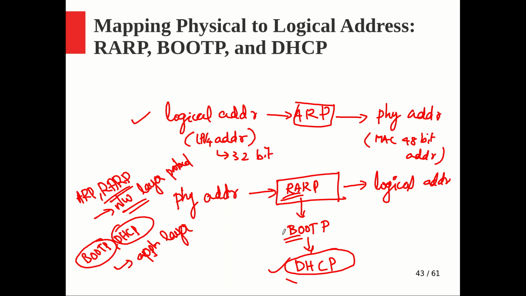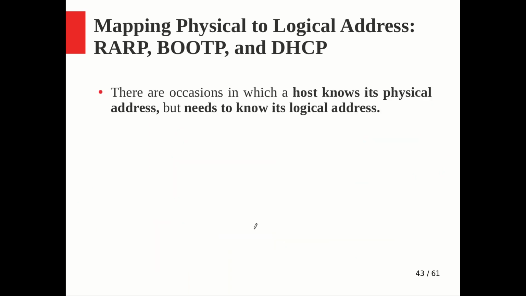So gradually BOOTP is also being removed, and DHCP is what you will see for this conversion in our current network. That is why we give more attention to DHCP, but we will cover all three, of course. Hope the conversion is clear for you, right? Yeah. So the situation is like this.